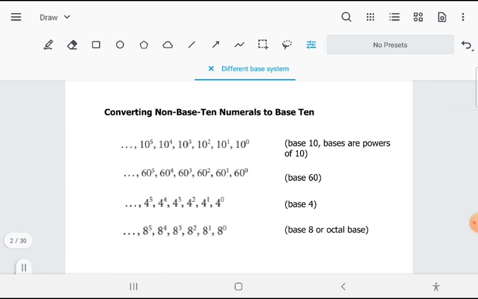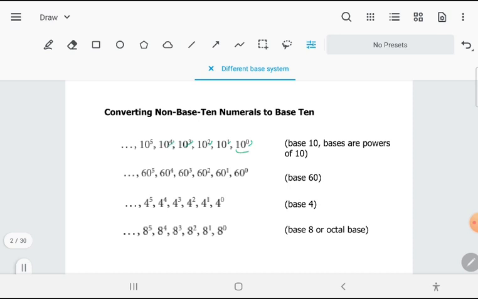So just a review, when we say base 10 numerals, what we mean is the place value of that numeration system uses base 10 raised to the power of n. So for example, here you have base 10 raised to the 0, to the 1, to the 2, to the power of 3, and 4, and so on and so forth.